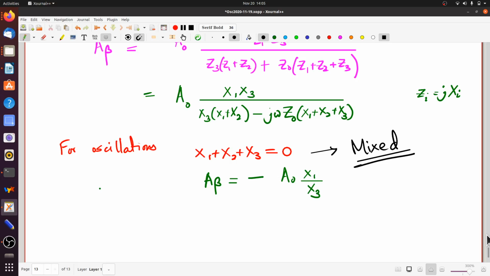So this is how a tuned circuit can be designed. Now, depending on whether you use two capacitances, one inductance, how you connect them together, and whether you are using an inverting or non-inverting amplifier, you get different kinds of tuned oscillators. Some of the important kinds are called Pierce oscillators, or Colpitts oscillators, or Hartley oscillators. We will look at a few of them later.